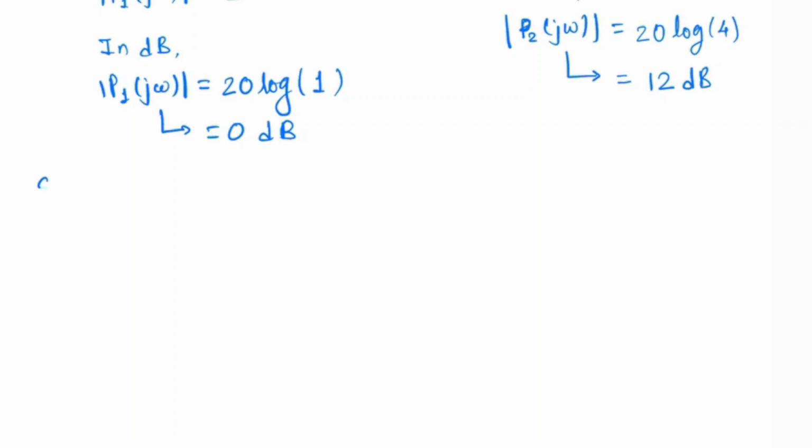So for the C part, we have to find the angle of P1 of j omega.